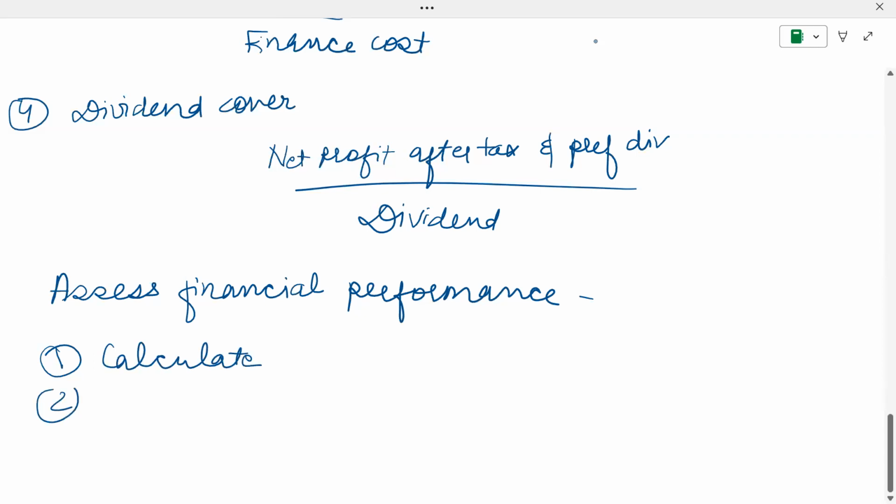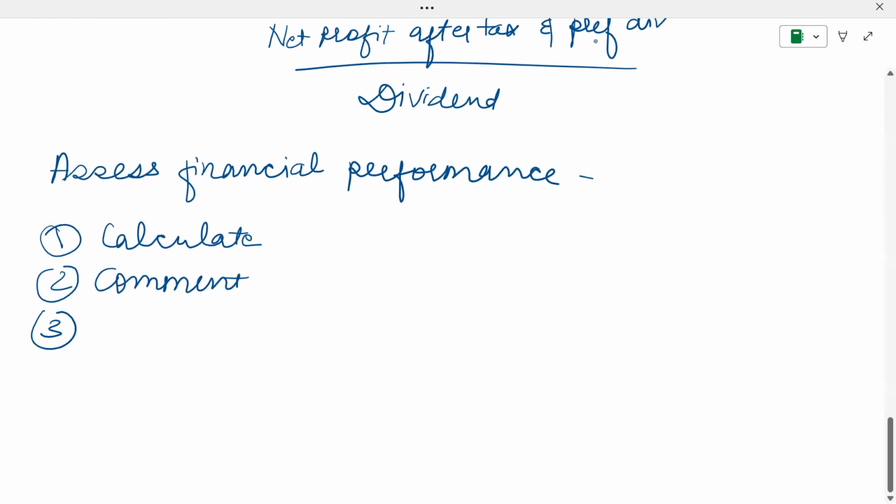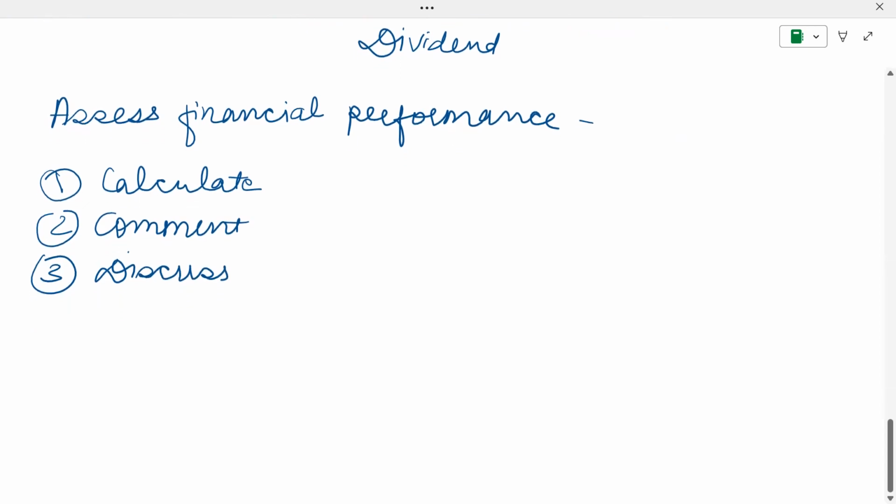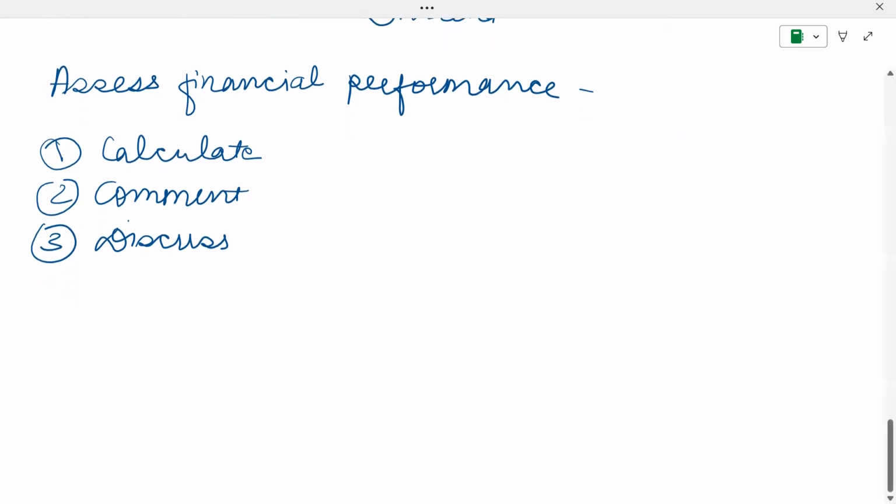Second thing that you do is you comment on whether that ratio is good or not. Thirdly, you discuss the reason why the ratio is like this. Then let's also talk about what problems can be there with using financial performance indicators to measure performance.